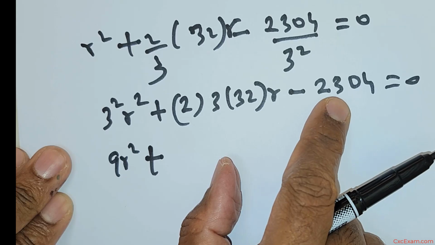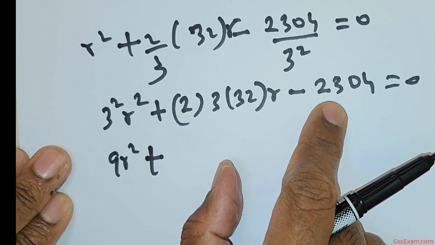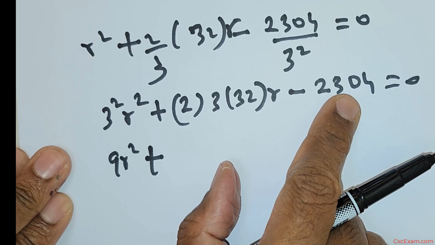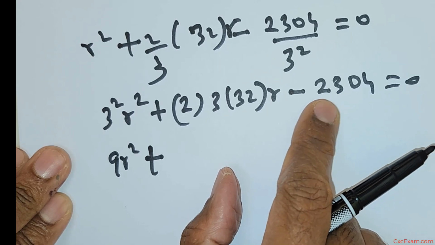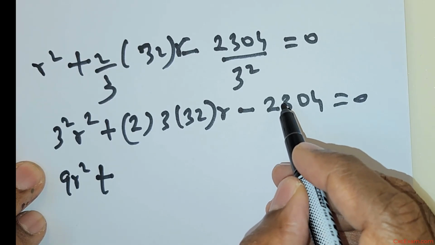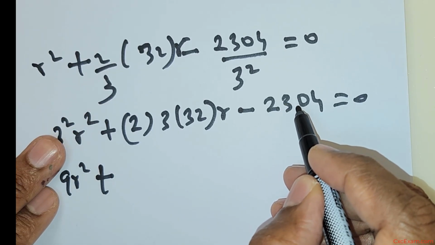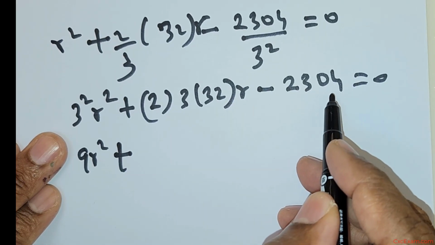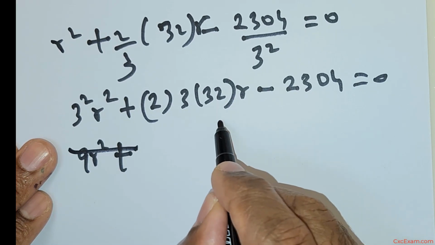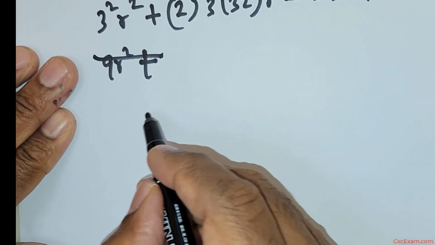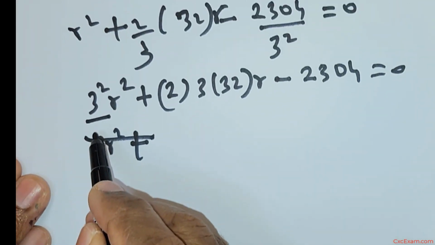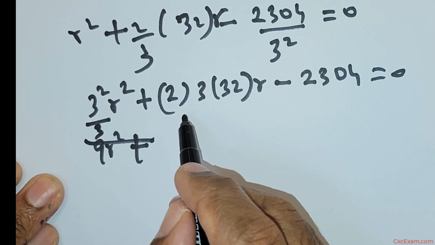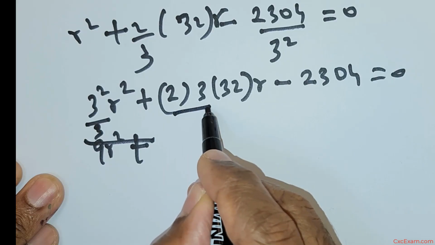Let me see, can we reduce it by 3? 7 3s are 21, carry 2, 20 18. It seems that we can divide this quantity by 3. So I'm going to divide by 3.